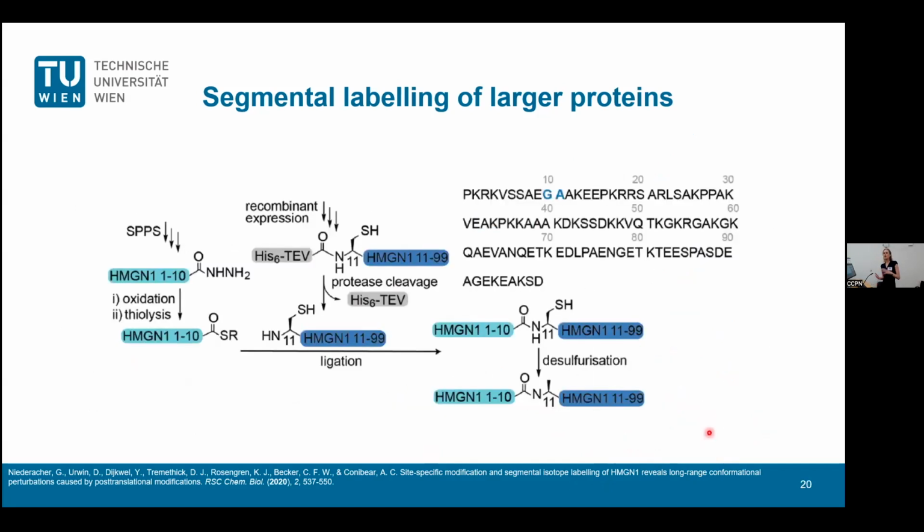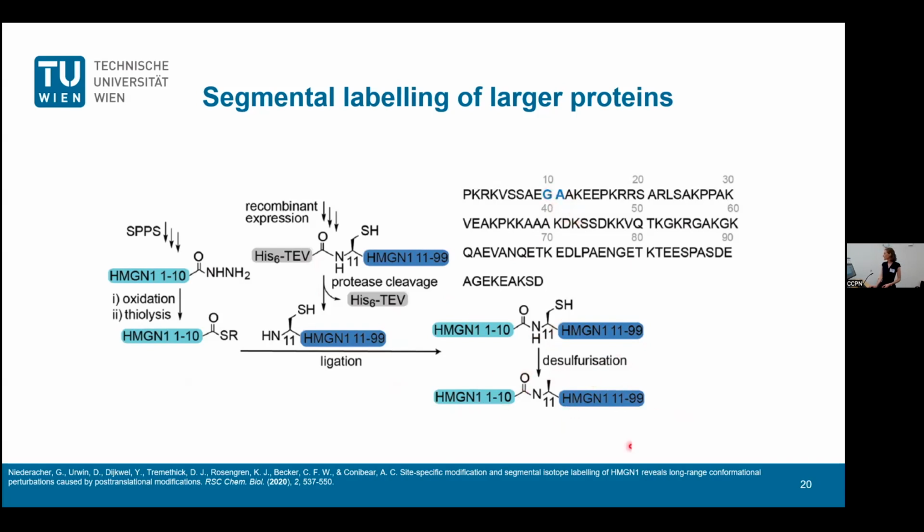And then I turned to semisynthesis to make specifically modified variants of HMGN1. So here I looked at the N-terminal segment, made that synthetically with the modifications that I wanted, and used native chemical ligation to ligate that to the rest of the protein, which I'd made recombinantly and isotope labeled. We introduced a cysteine here for the ligation, then desulfurized it to get back the native alanine.